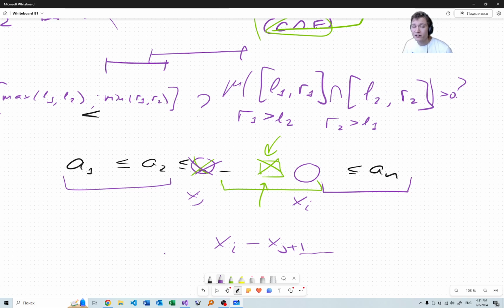In the worst case scenario, it does not change. For example, if this element is equal to this element, then the removal of this one does not change much. But still, if there is some optimal answer, then there is some optimal answer in which you only removed several first elements and several last elements. Okay?